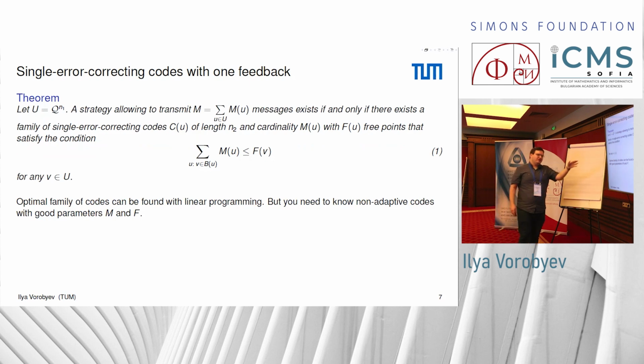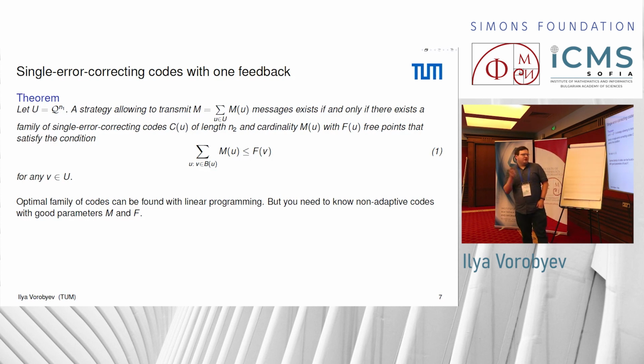It can be formulated as a linear program, but we need to have some tables of these codes with good parameters m and f. If we are talking about the symmetric channel, of course there are such results. If we are talking about, for example, the binary asymmetric channel, probably not so many results are known.